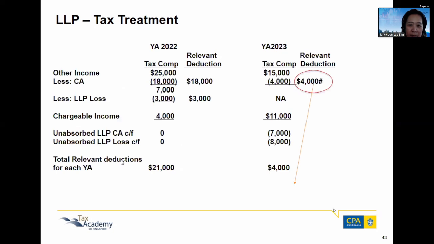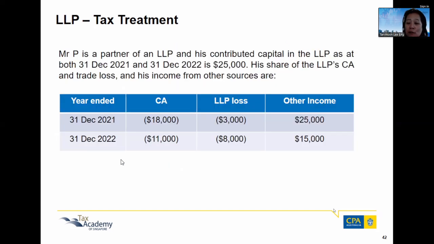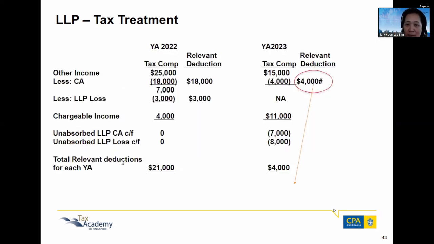Then we have to look at what the CC is. The contributed capital is 25,000. So 18,000 is still lower than 25,000, and we can allow the deduction of 18,000. 25,000 less 18,000 gives 7,000. Then the LLP loss is 3,000. Before you deduct it against other income, ask yourself, can I deduct 3,000 from this 7,000?